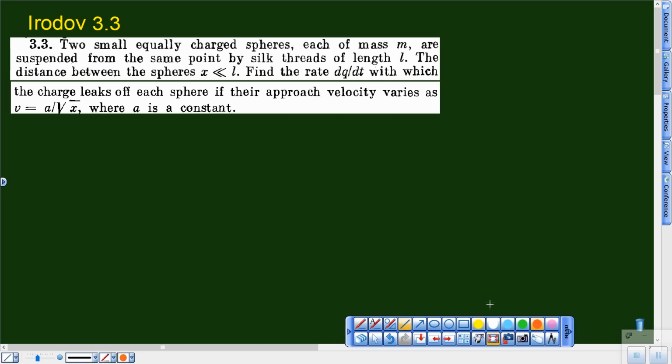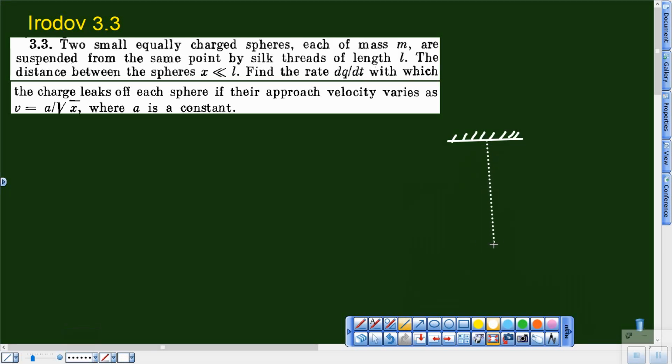Now here in this case I need to draw the free body diagram again. So this is how it is suspended. This is the ceiling from where it is suspended. Let me make the ceiling like this, and this can be the vertical passing through the ceiling.